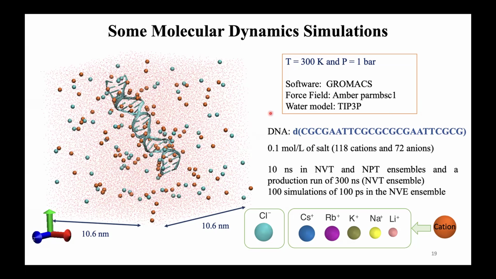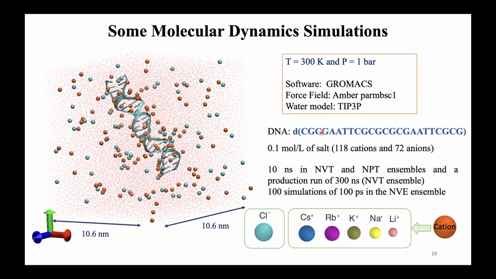We performed classical all-atom molecular dynamics simulations for 10 different systems. Five of these systems contain DNA, metal counterions, and water, shown here on the slide. The other five systems had only water and metal counterions without DNA.